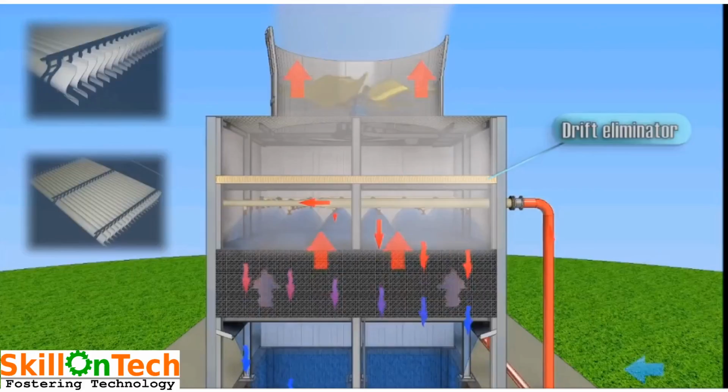If vibrations are increasing, then we have to inspect the alignment of motor and gearbox as well as looseness of structures and other components of the cooling tower.